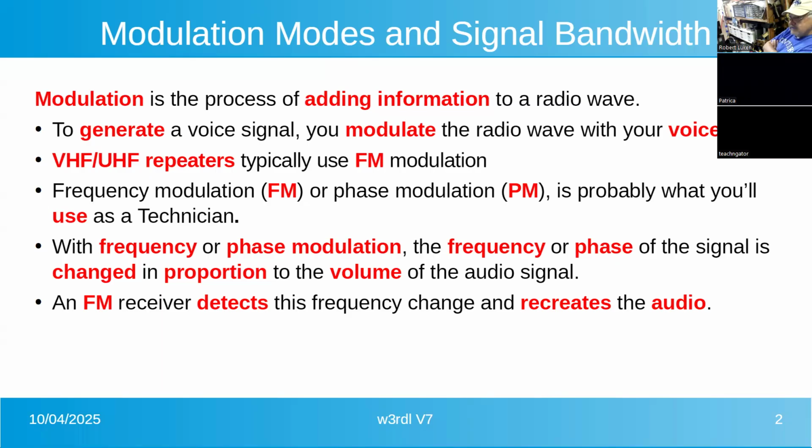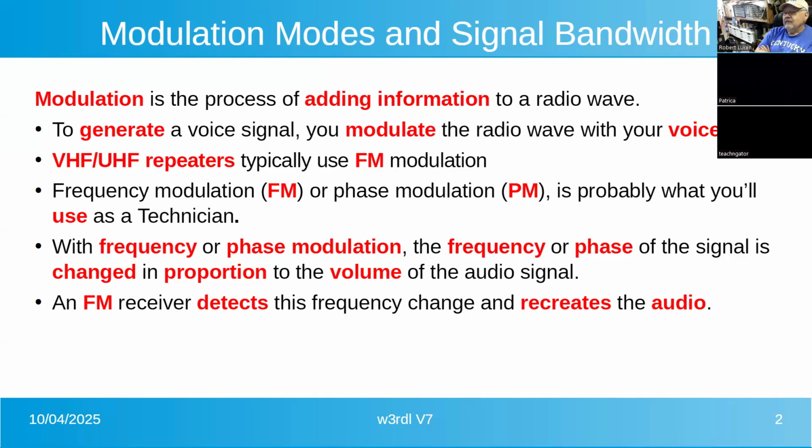With a technician license, you're mostly going to be doing FM, which is frequency modulation, where your voice changes the frequency of the carrier. There's some cases where instead of the frequency, it changes the phase, but that gets a little more complicated and it's not that frequent with what you would be doing. But it's still part of a question on the exam to know that it exists.